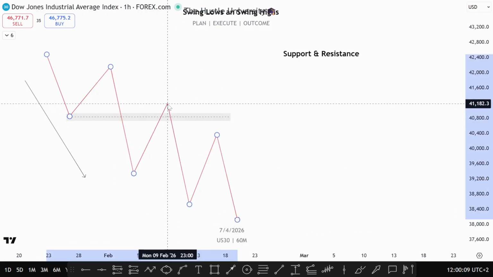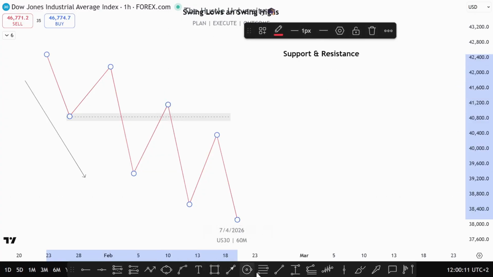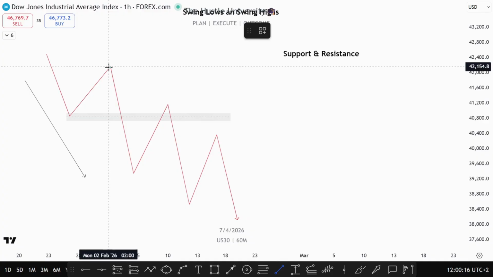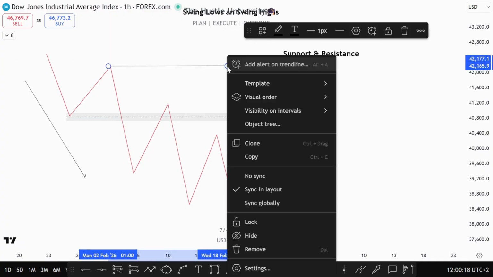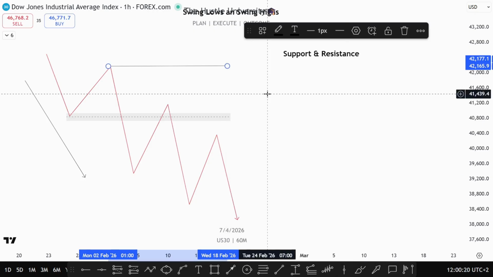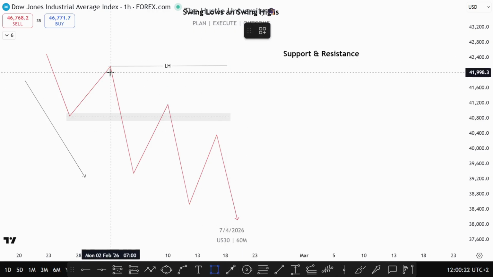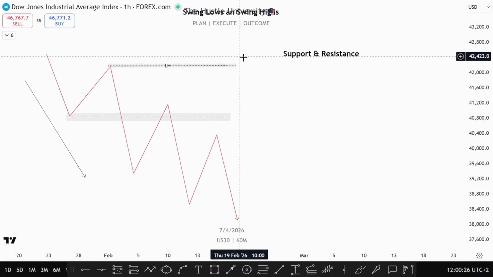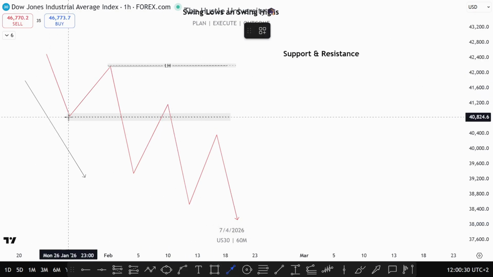And if price does hold without breaking the previous level, which would be this lower high over here, this lower high would act as a level of resistance. For those who don't understand support and resistance: for support, price has to go down to a certain area and then bounce up from there.